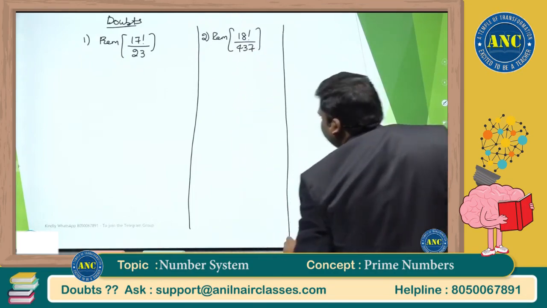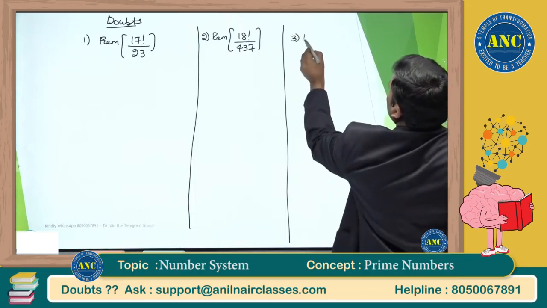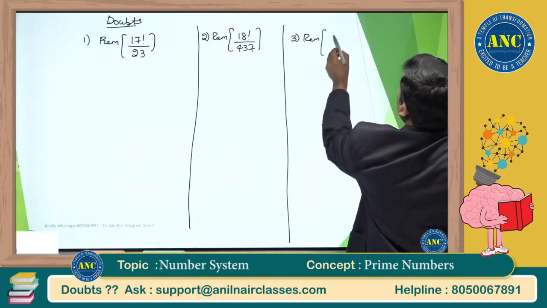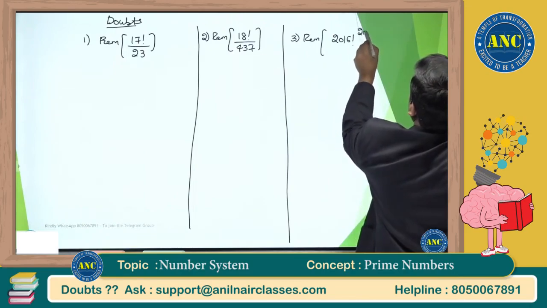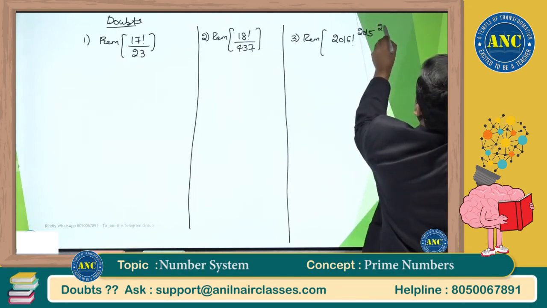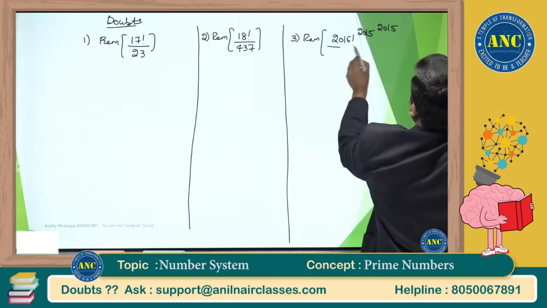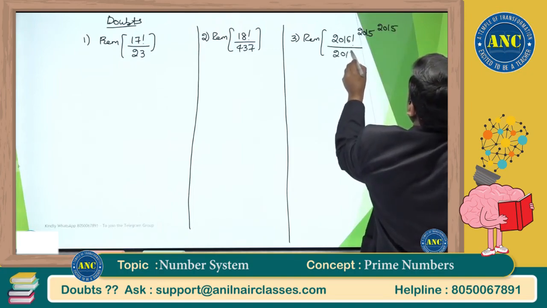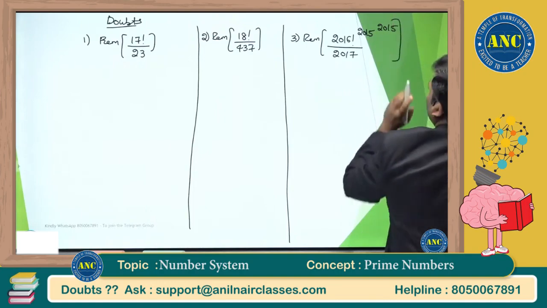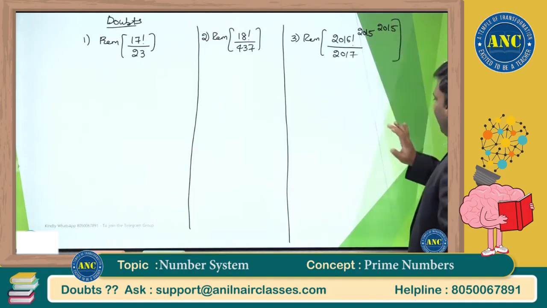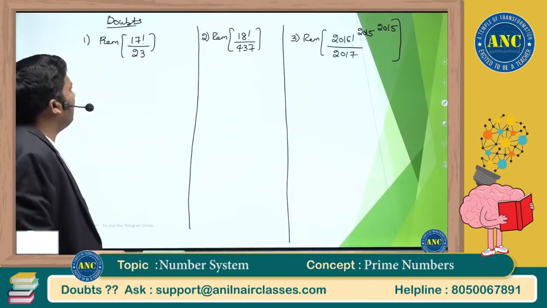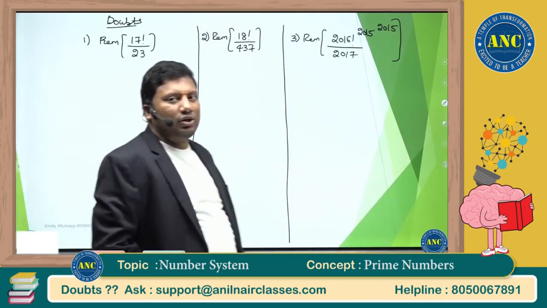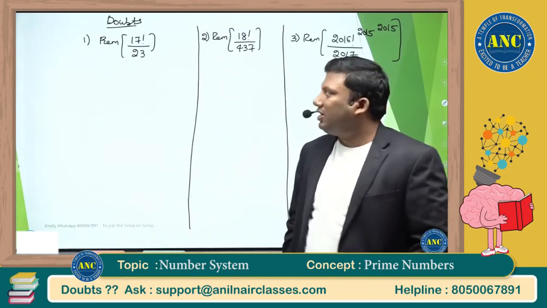Third doubt, sir, what if the question is like this? 2016 factorial power 2015 divided by 2017. A student who is a repeater of the CAT examination has asked me these 3 questions. 17 factorial by 23, what is the remainder?